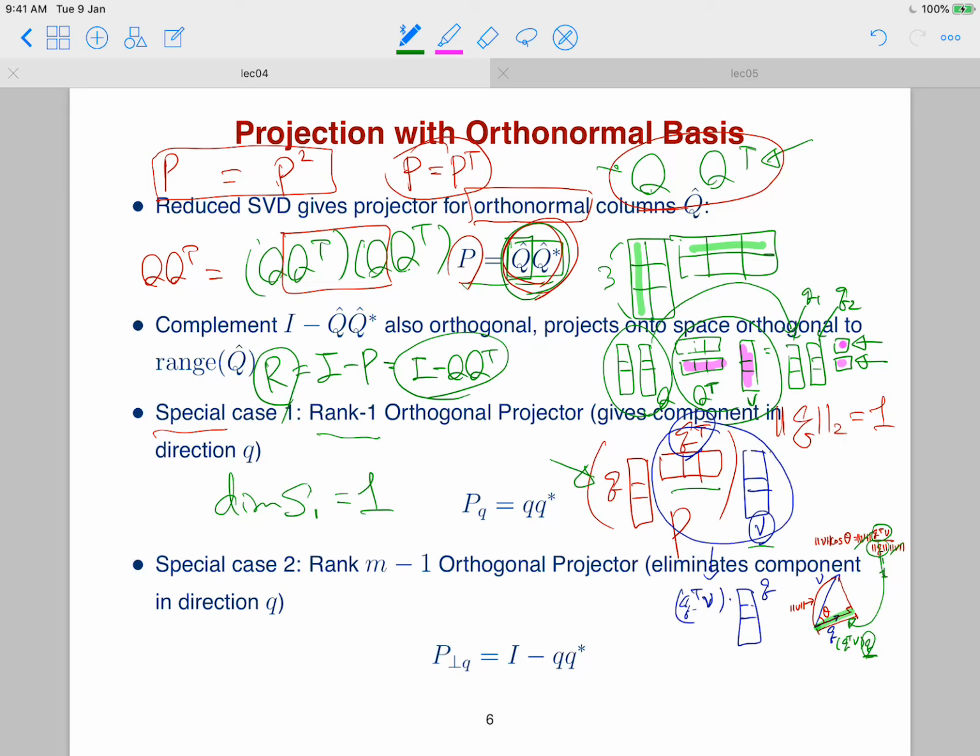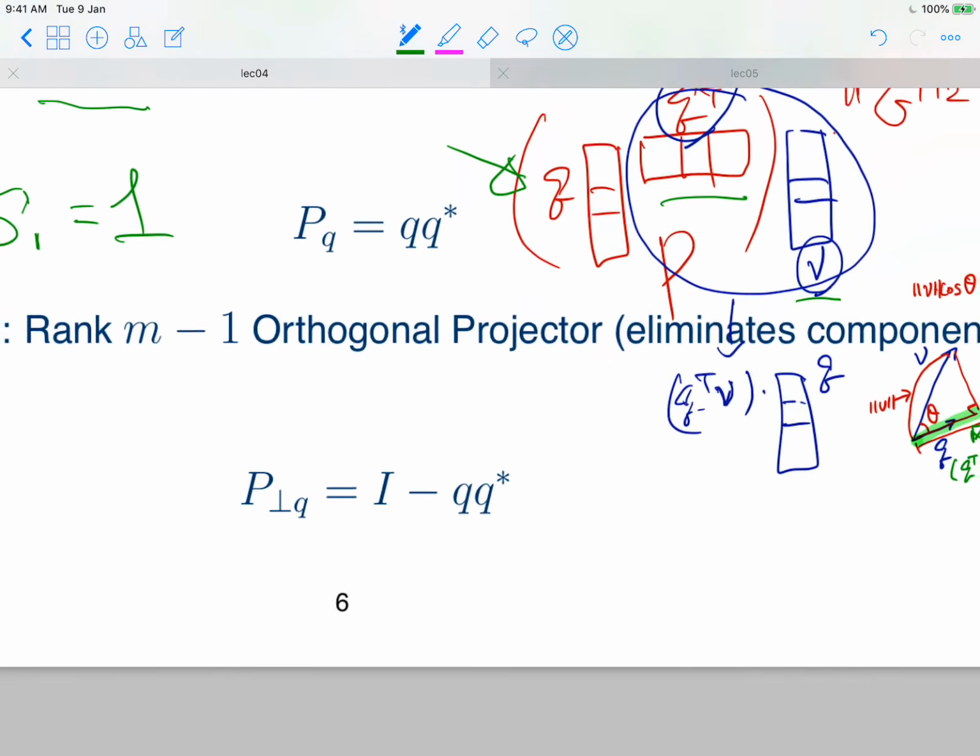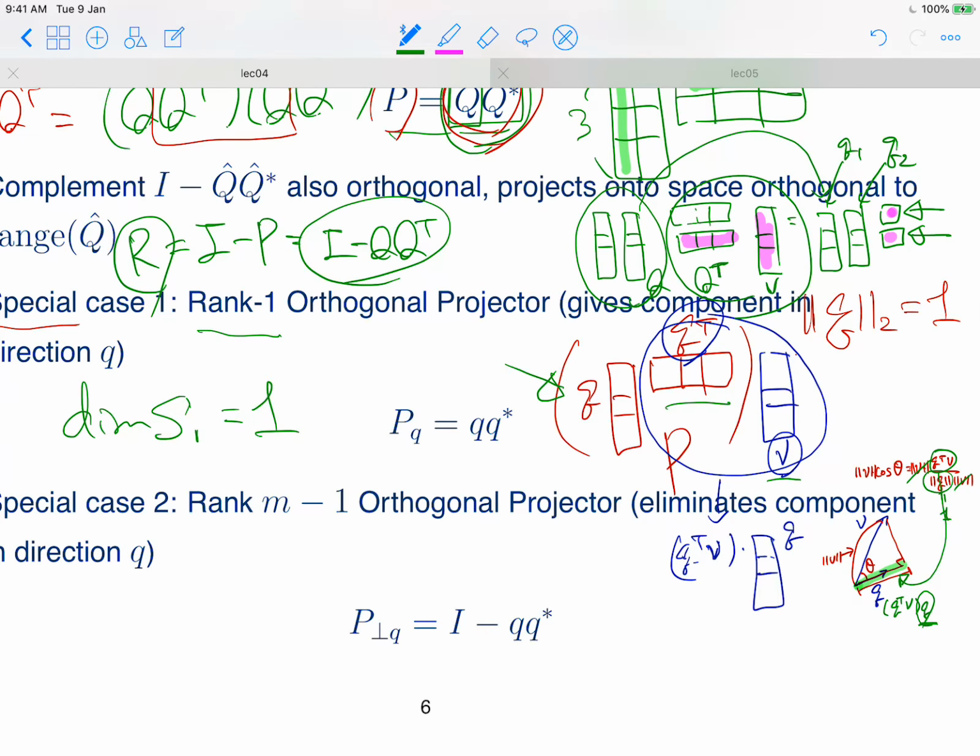Because we are just projecting a given vector onto a single vector Q. So in this case, this I minus QQ transpose gives us the remaining part after we project a given vector orthogonally onto a particular line.